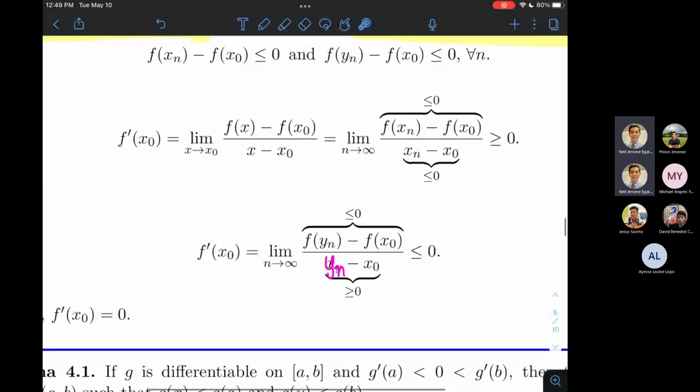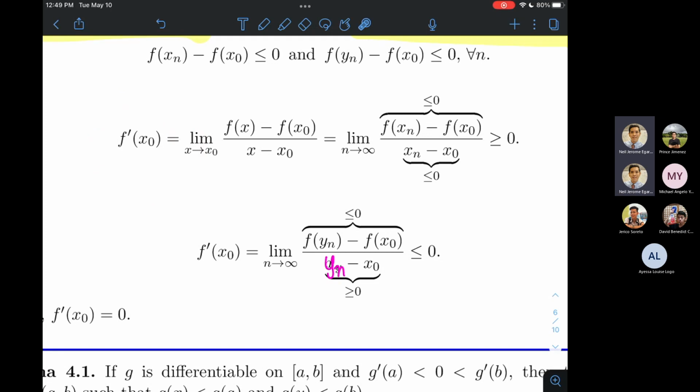So what are we saying here? We're saying that f prime of x sub 0 is always greater than or equal to 0, but at the same time, f prime of x sub 0 must be less than or equal to 0. And there's only one way that we can reconcile this inequality, and that is the case that f prime of x sub 0 is equal to 0. And dapat mapuwersa yon, kasi alam na natin na nag-exist si f prime of x sub 0 in the first place.